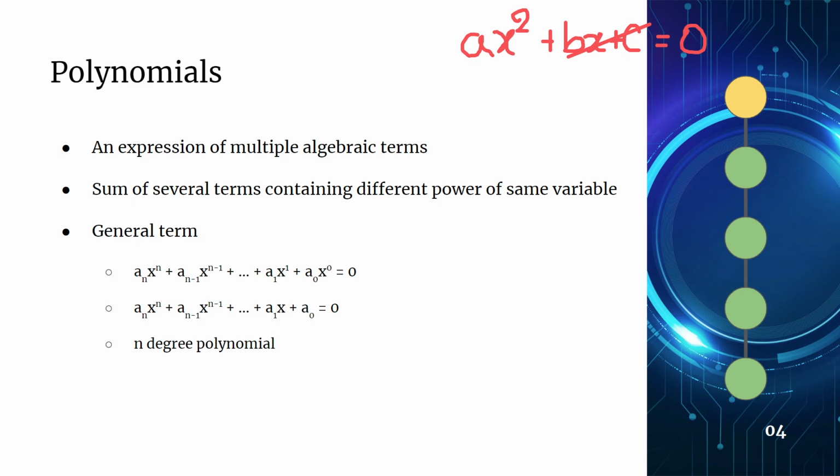Sorry about the cross mark over here. So we have seen equations like this: ax square plus bx plus c. This is actually a second degree polynomial.